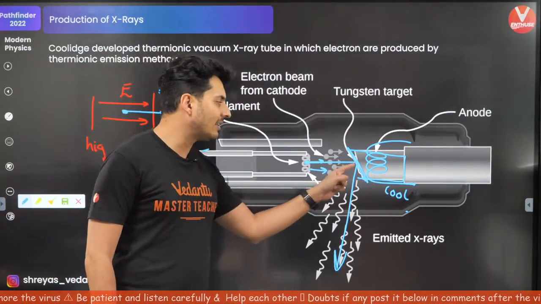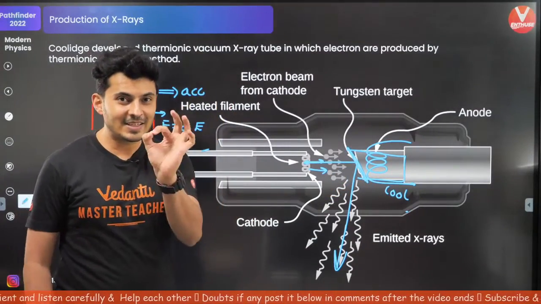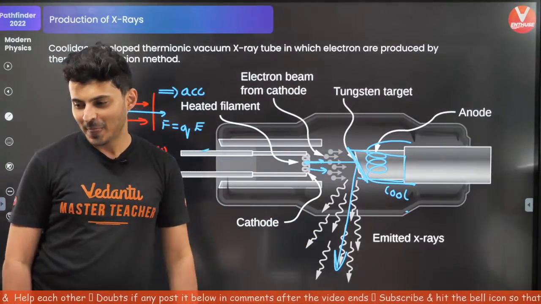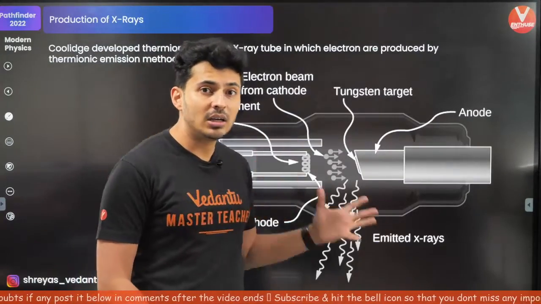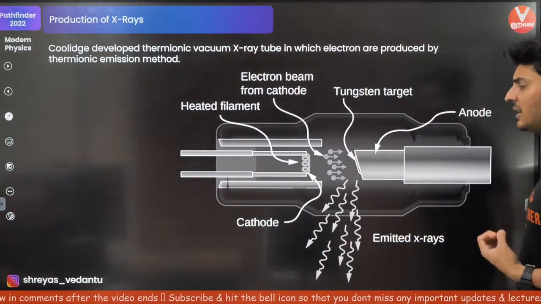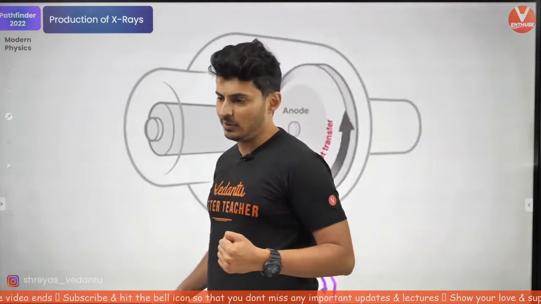The electrons hit there, and what is ejected out is the X-rays. X-rays are photons, nothing but. I hope this is clear. Very good. So if you have understood till here, we will talk about the characteristic and what are the other things that are to be accounted for.